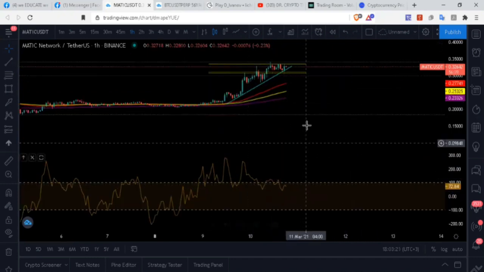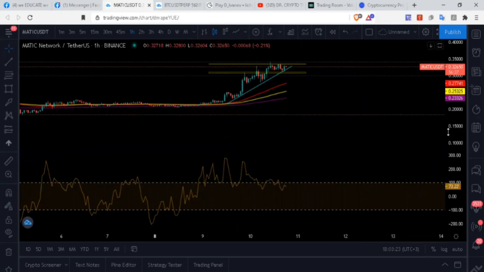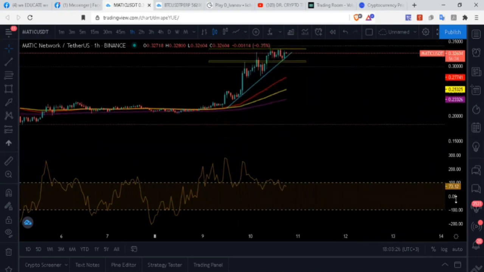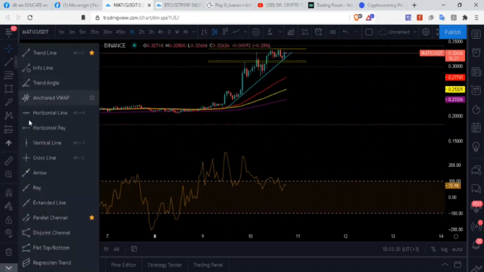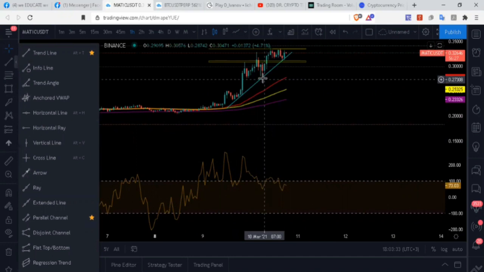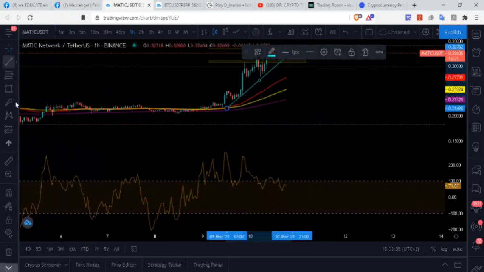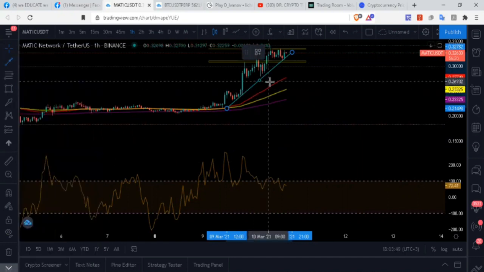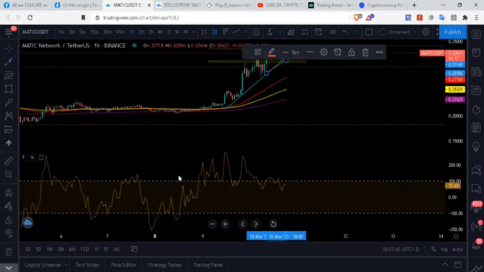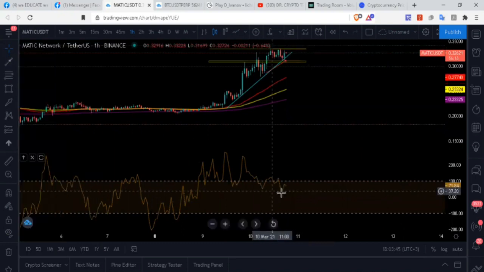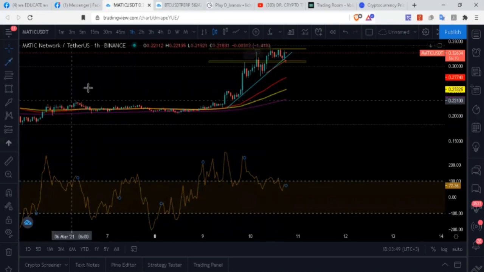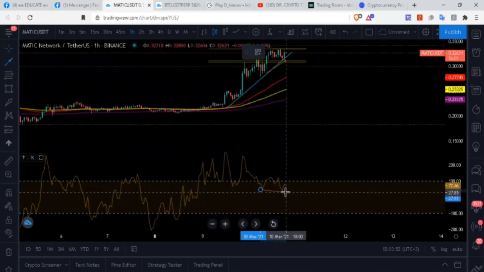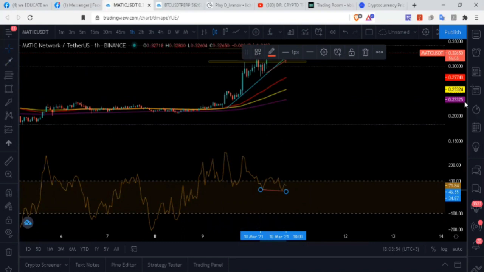We'll check if there's a divergence here. I think there is a divergence here. As you can see, there is a bullish divergence here. So most likely Matic will have a trend continuation.